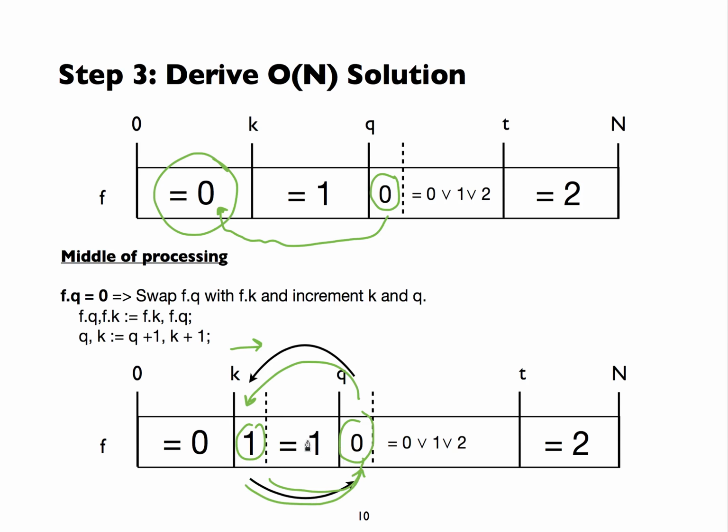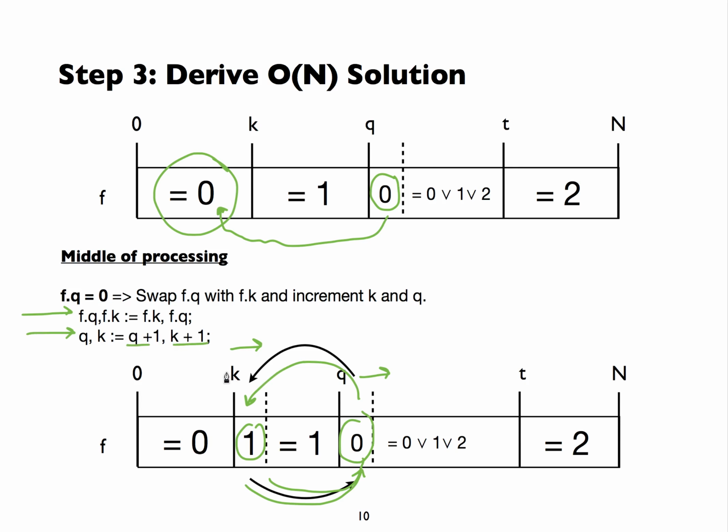The segment of 1s hasn't gotten any bigger, it's just shifted rightwards in the array. So we need to increment q in this direction as well. So we do the swap with f.q and f.k, and we also increment q by 1 and increment k by 1. And that's it.